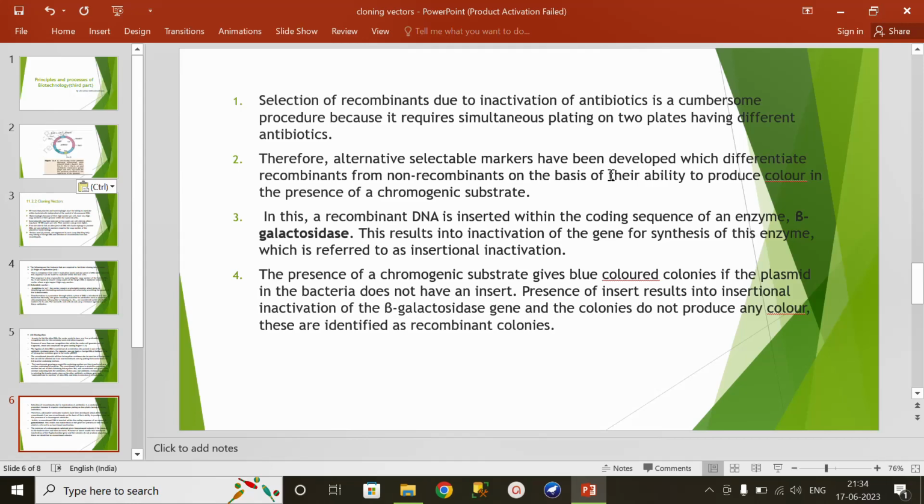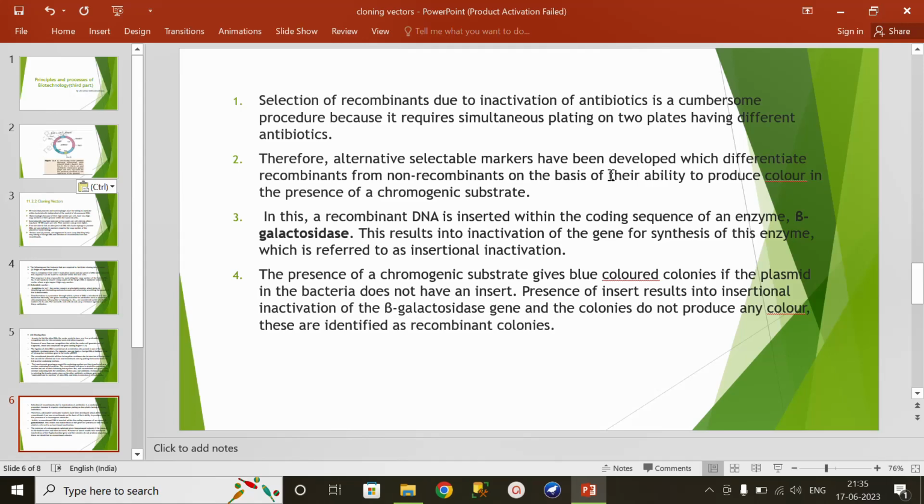The presence of chromogenic substrate, chromogenic means color containing substrate, gives blue colored colonies if the plasmid in the bacteria does not have an insert. Presence of an insert results in insertional inactivation of the beta galactosidase gene and colonies do not produce any color. This identifies them as recombinant colonies.